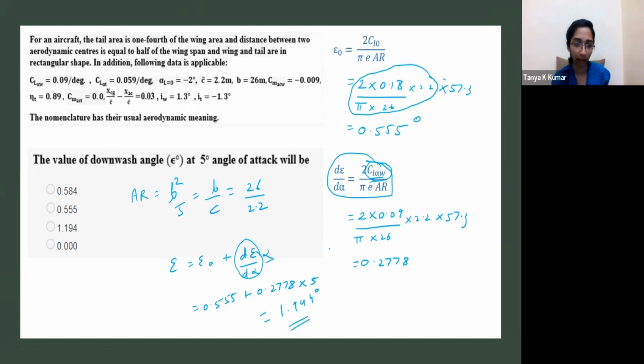This is the correct answer. I believe the assignment did not have this option, so it would be considered. I've already spoken with the authorities. They have a small typo here. This should have been the correct answer. Okay, so it's 1.944.